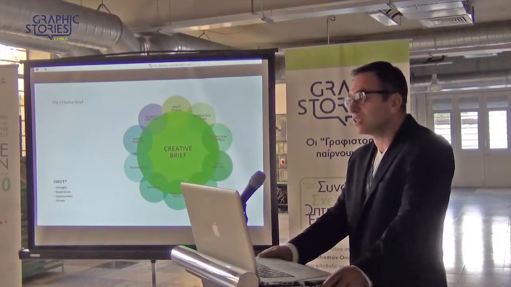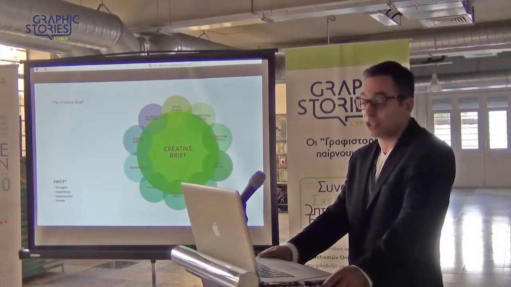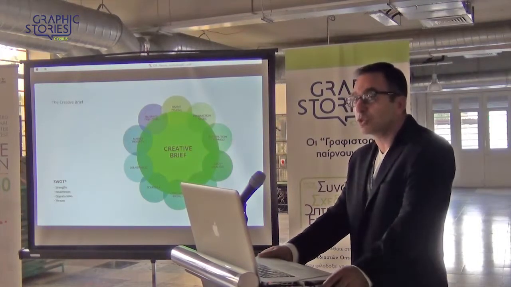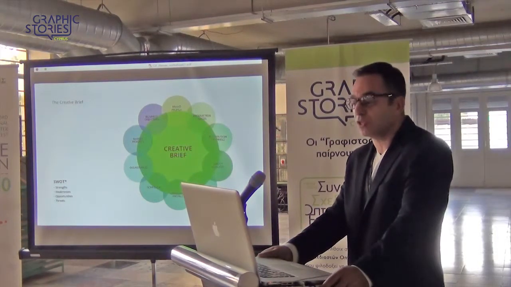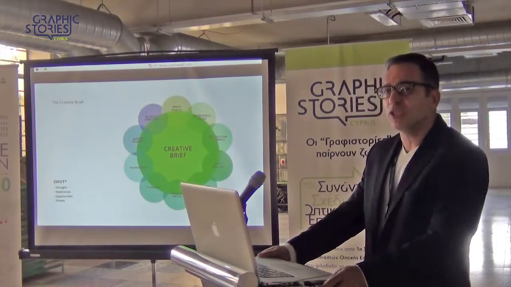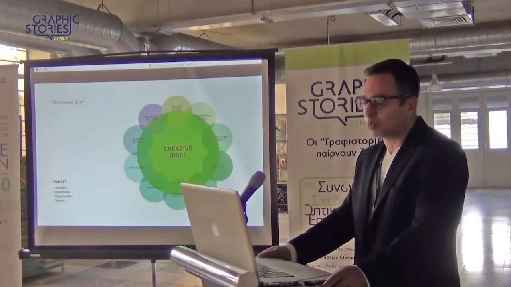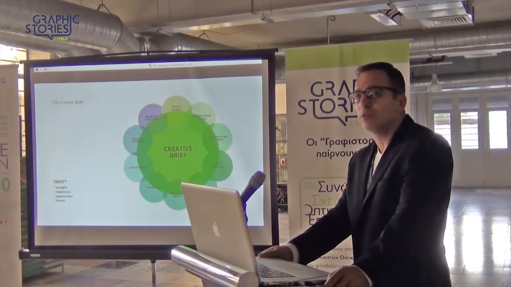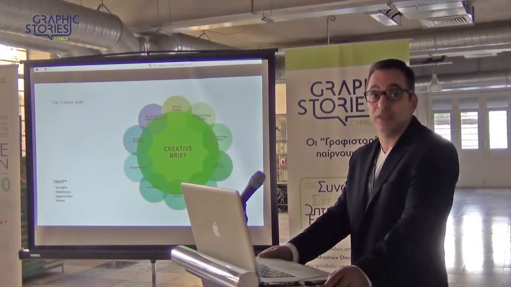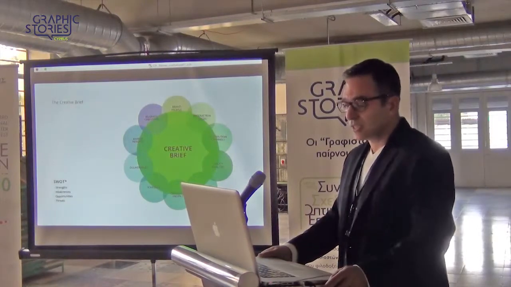The competition that is out there that you need to take under consideration. The consumer's profile, those that you're talking to and you're trying to influence. The schedule of your communications and your material that you're going to be outputting. The deliverables, such as what it is that you'll be delivering.